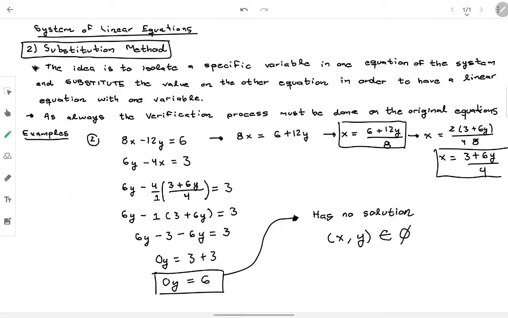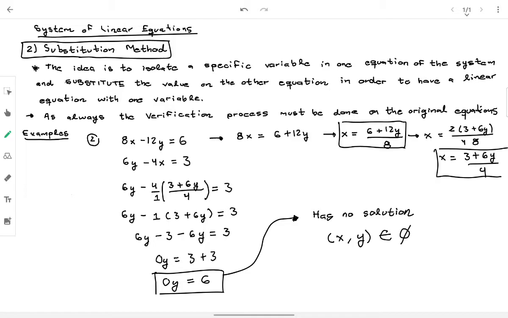Because it's impossible for x and y to have a specific value, since we have 0x or 0y equals a number. It's impossible to have it. So this is why in this one, the specific solution is that the set of equations has no solution, or x comma y belongs to an empty set.